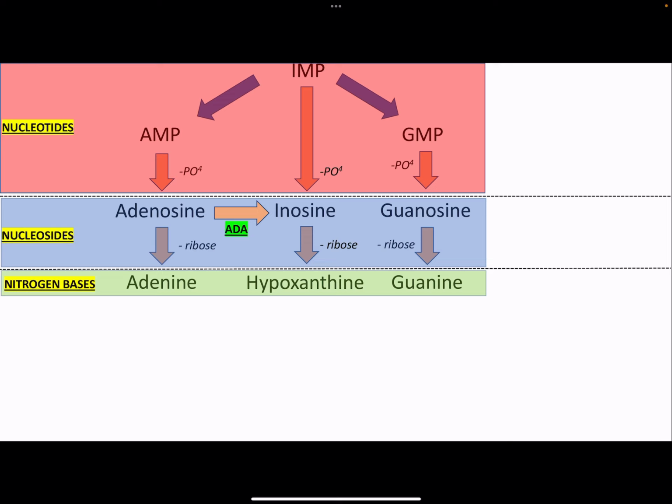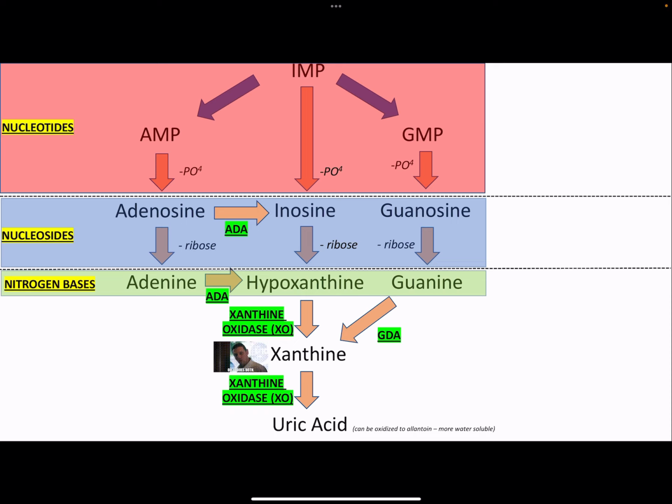And now we just have the nitrogen base: adenine, hypoxanthine, and guanine. Adenine can turn into hypoxanthine via ADA. We can now break these down. Guanine can be broken down into xanthine. Hypoxanthine can also be broken down into xanthine via the enzymes xanthine oxidase and guanine deaminase, respectively.